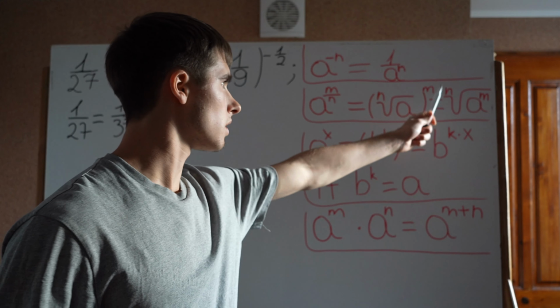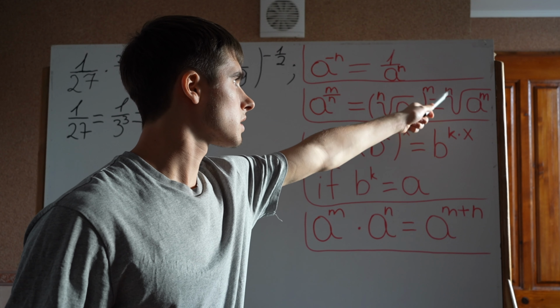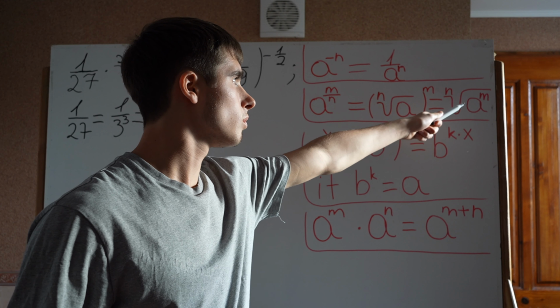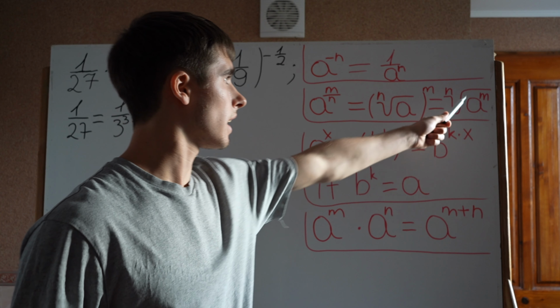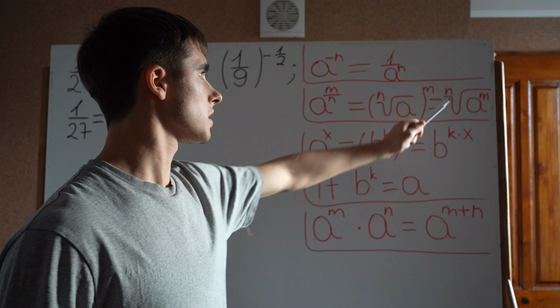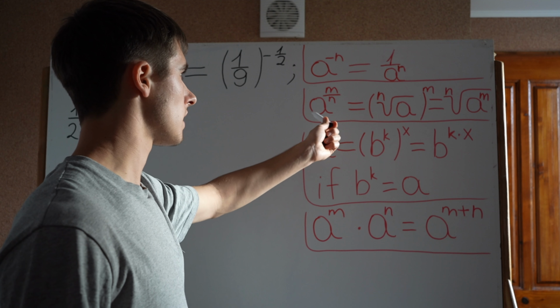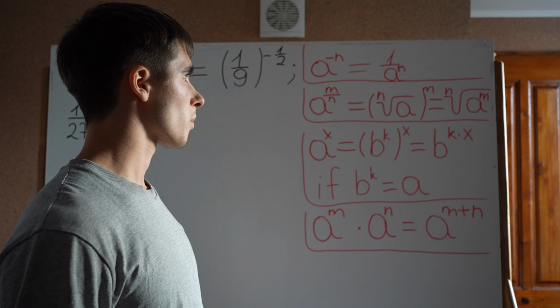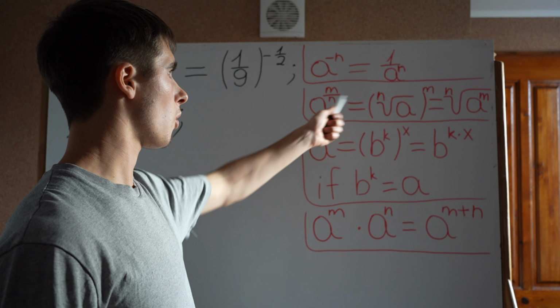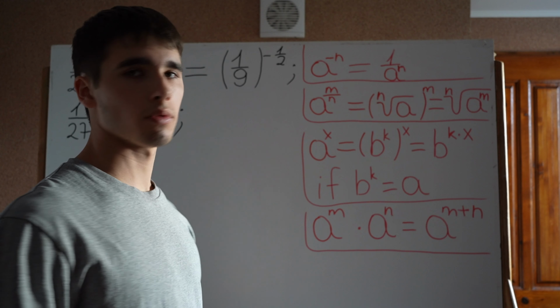We have a number under a square root, and that number has an exponent, and we can transform it into that number raised to the exponent of the old exponent over the sign of square root.